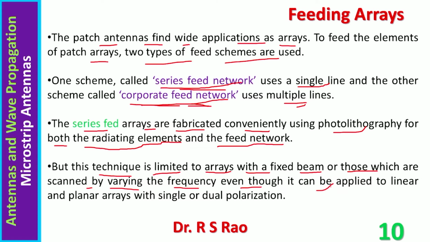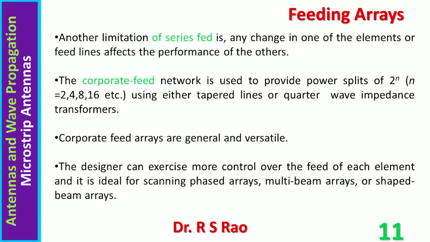Even though it can be applied to linear and planar arrays with a single or dual polarization. Another limitation of a series fed is any change in one of the elements or feed lines affects the performance of others.